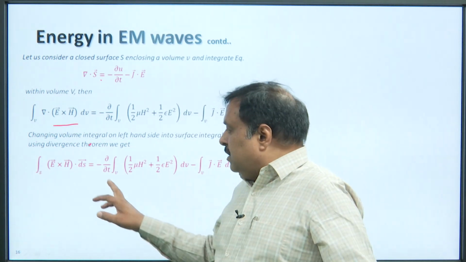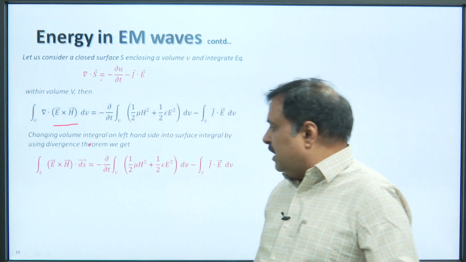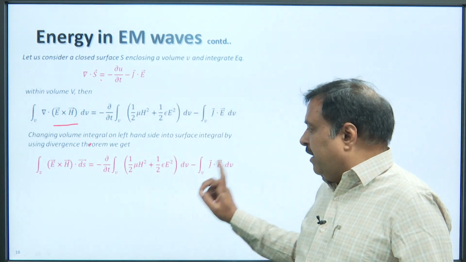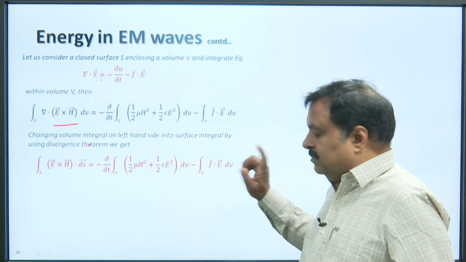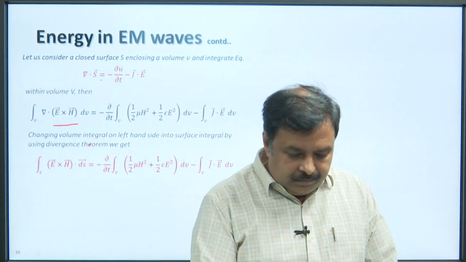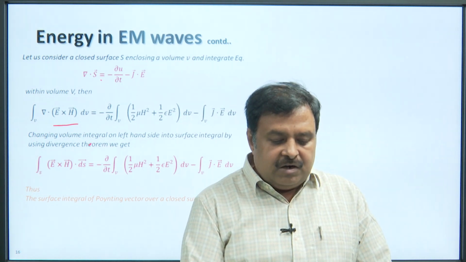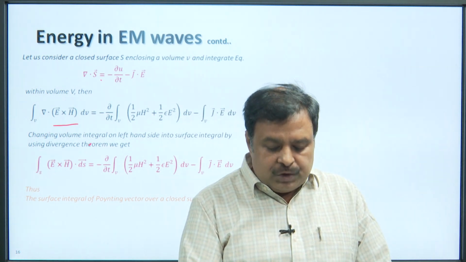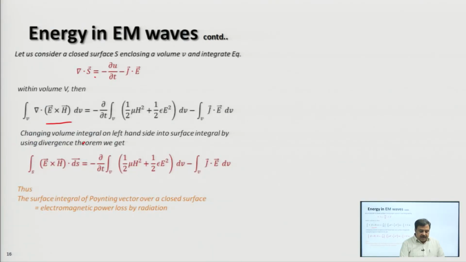So, the volume integral on the left hand side can be changed into a surface integral, and on the right hand side we have volume integration of electromagnetic energy and J dot E. Thus, the surface integral of Poynting vector over a closed surface is equal to electromagnetic power loss by radiation.